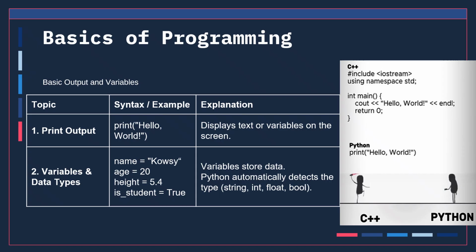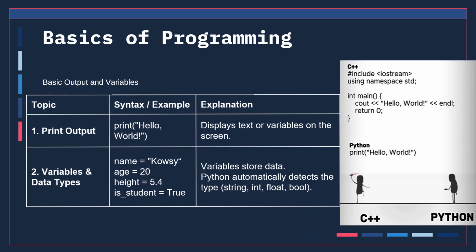You just enter the variable name and the variable value. If you're using a string value, you just use the double quote. If it's not a string value, you just enter the value. Python will automatically detect what kind of data type it is. It's very simple, right?